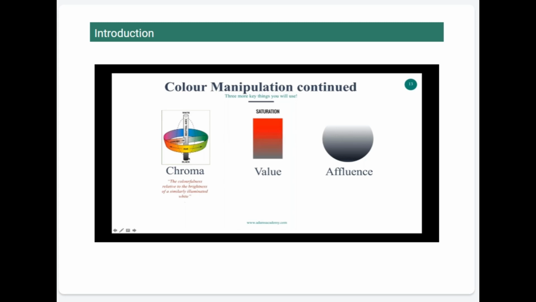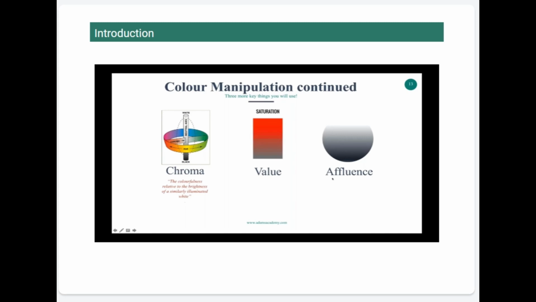So basically, you have this black and white axis in the center, and chroma is basically the passing from the color to the white. That's the level of it, really.